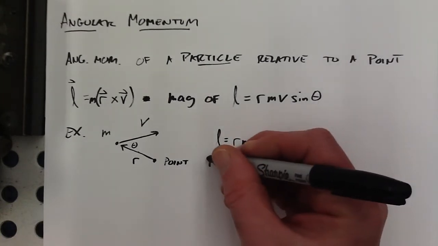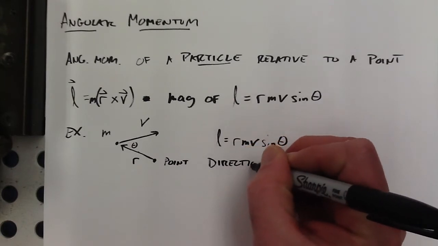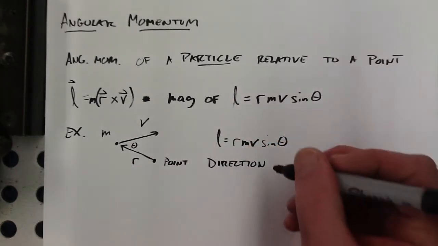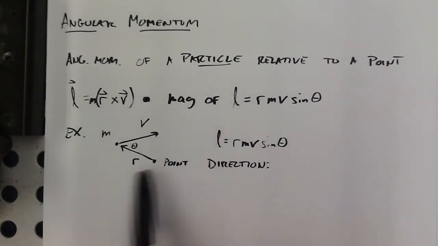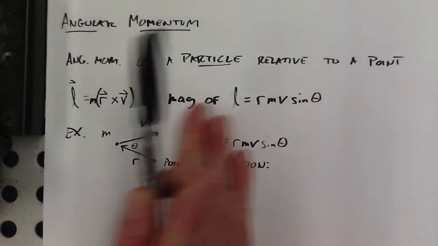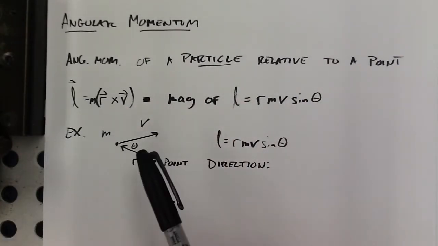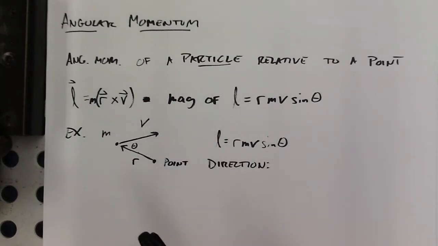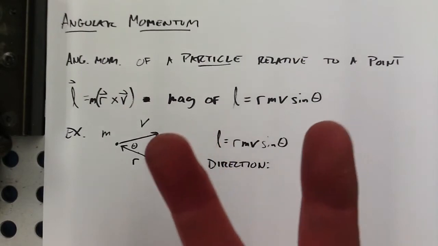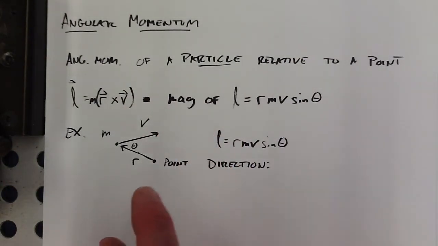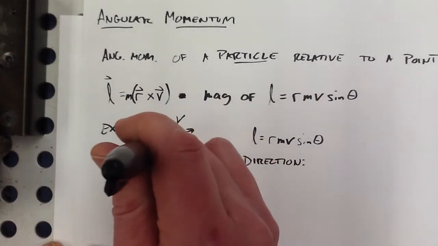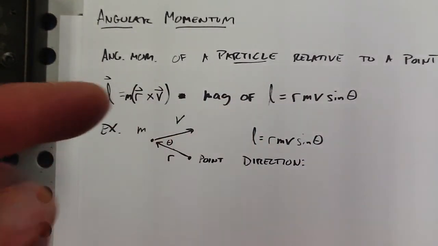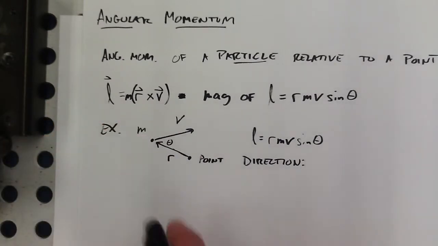Now, the direction of this vector is going to be one of two choices. If the plane of this two-dimensional motion is this piece of paper, then there are two possible directions that r cross v could be in: directly out of the page or directly into the page, the two possible directions perpendicular to this plane.